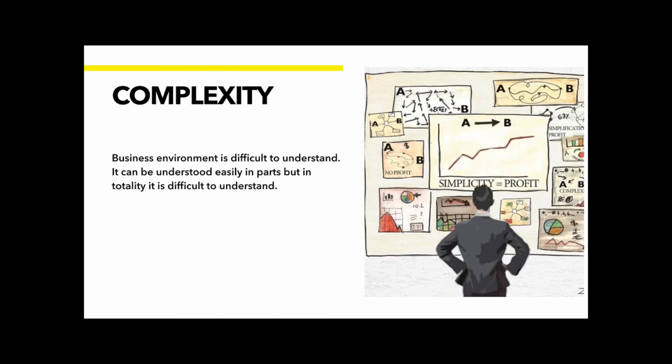Complexity. Business environment is difficult to understand. It can be understood easily in parts, but in totality, it is difficult to understand. Why does it become difficult to understand? In small parts you can.